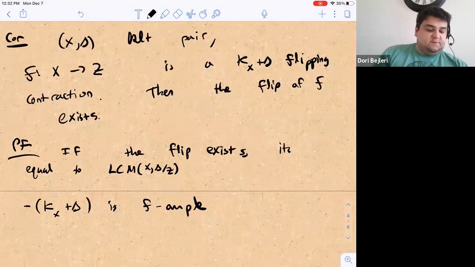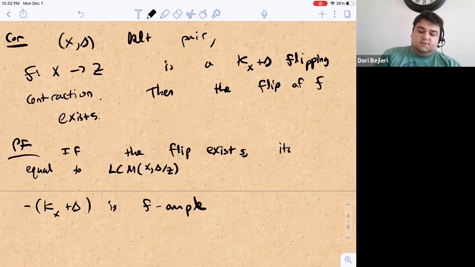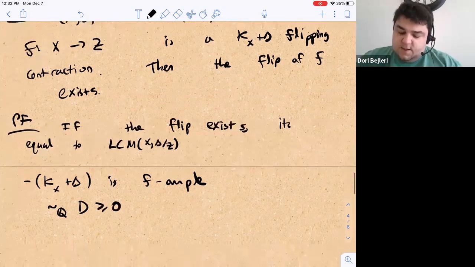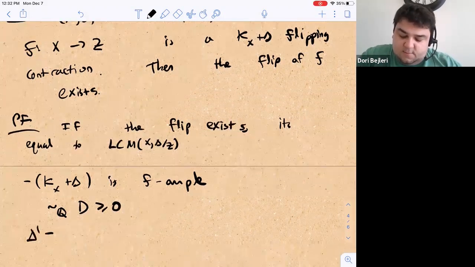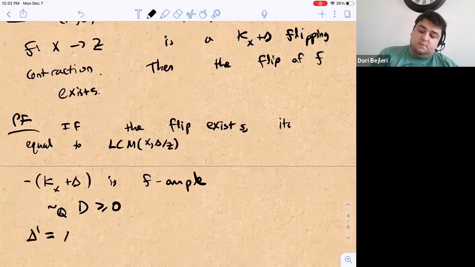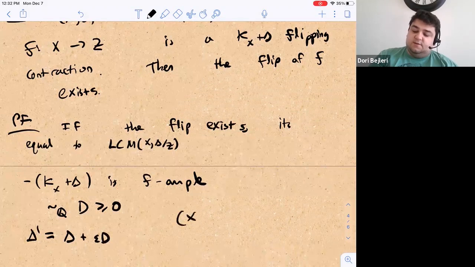And so we can pick some divisor in this linear series, maybe some large enough multiple. So pick some effective divisor D that's equivalent to minus (K_X plus delta). And now we'll consider the pair delta prime equals delta plus epsilon D. So now (X, delta prime) is KLT for small enough epsilon.